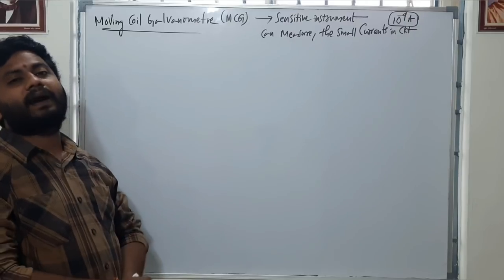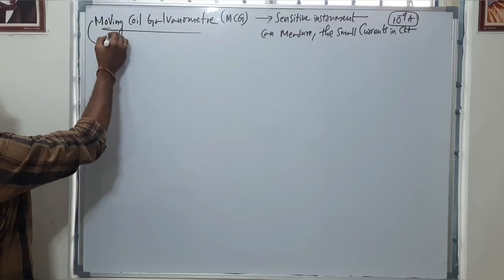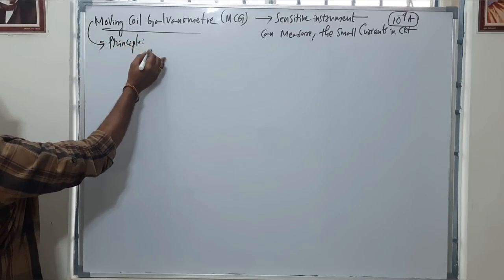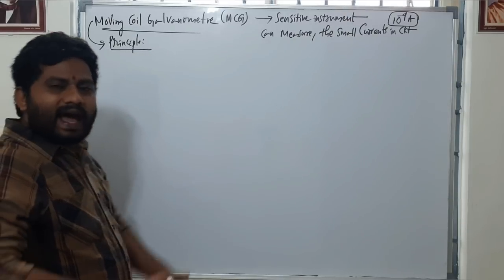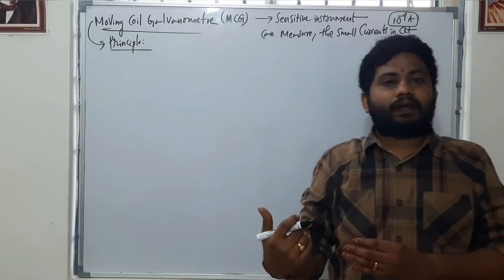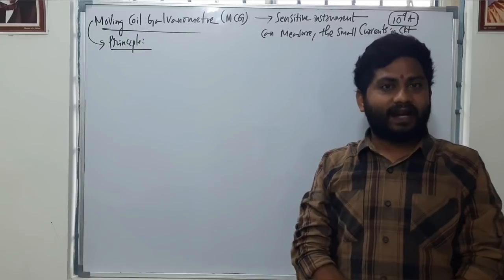And what's the principle behind the moving coil galvanometer? We need to understand. The principle behind the moving coil galvanometer, we had already discussed in the last class. What was the last session we had discussed?